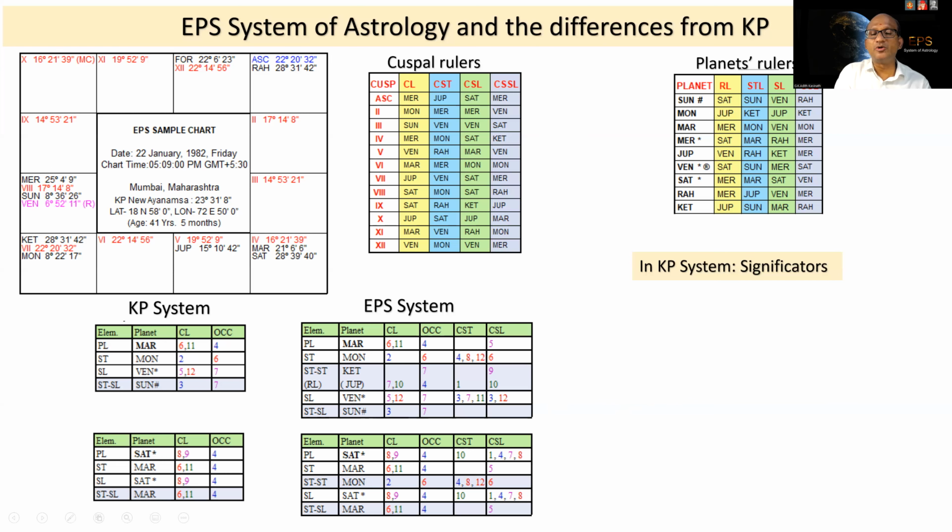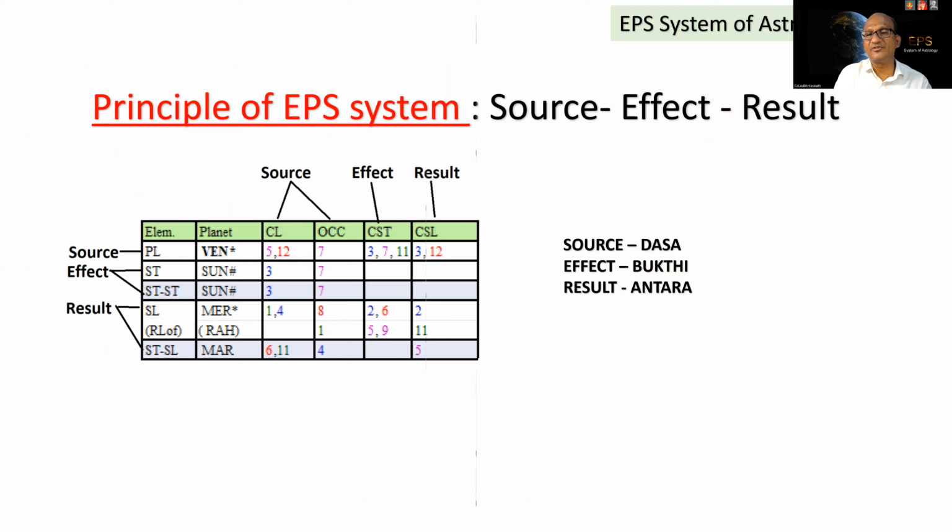Now let me tell you about the principle of the EPS system. The principle of the EPS system is source, effect, and result. For example, take each planet's self-significations, for example Venus: cuspal lord and occupying house we call the source. Importantly, the CL, owner of which house, is the important source.